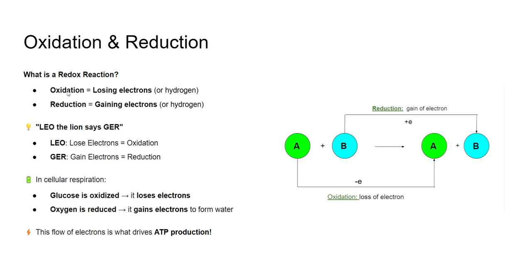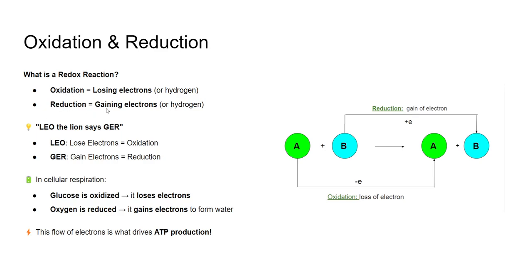In terms of oxidation, we are losing electrons, and especially in biology, that usually refers to losing a hydrogen. And when we're reducing, or gaining electrons, it means we're gaining a hydrogen. So how does gaining a hydrogen correlate to reducing, and how does losing a hydrogen correlate to oxidizing?